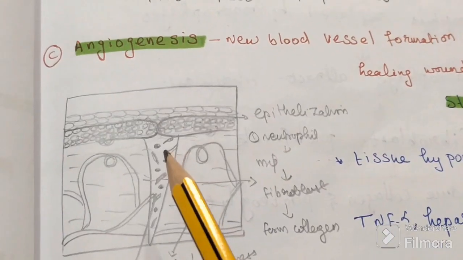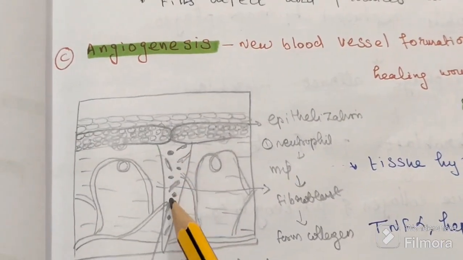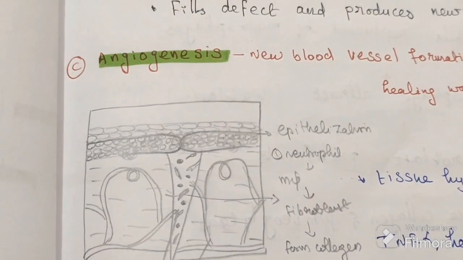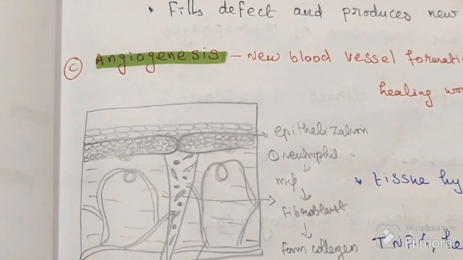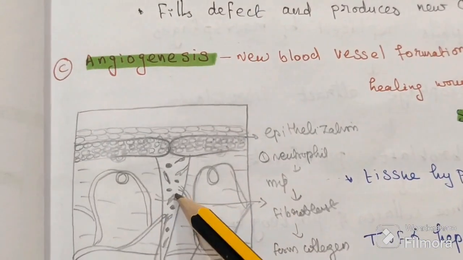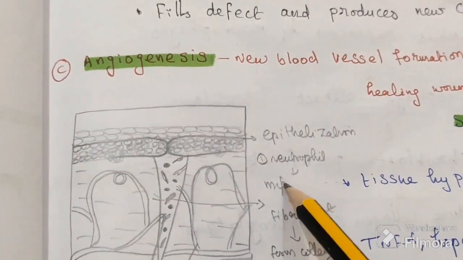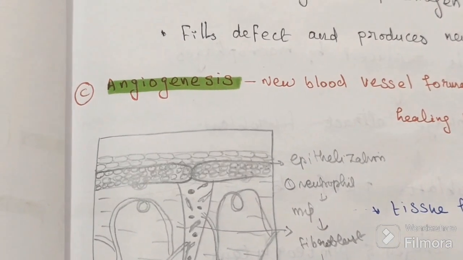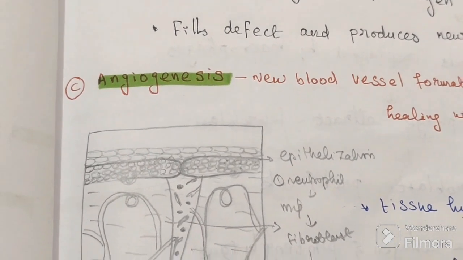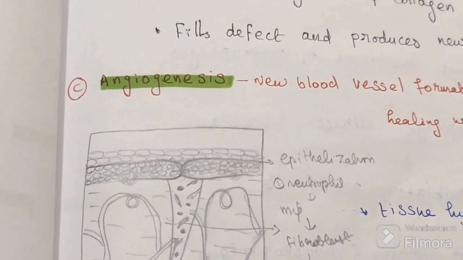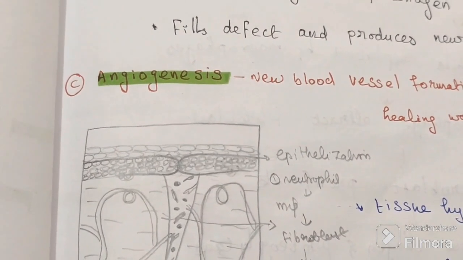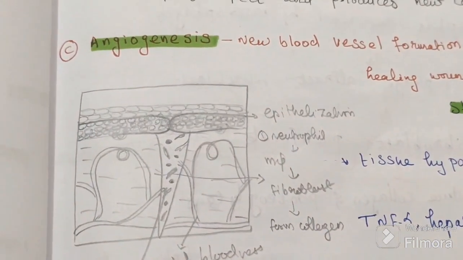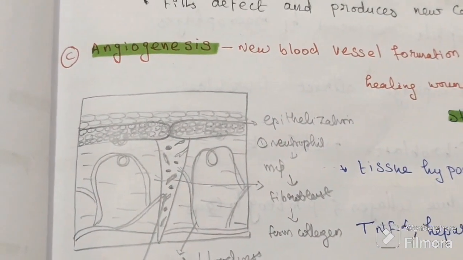Now the first cells, after the neutrophils, are the macrophages. Next the fibroblast, the spindle-shaped cell, will come. First macrophages, second fibroblasts. Once the fibroblasts come, they start forming collagen. Collagen formation is known as fibrogenesis.